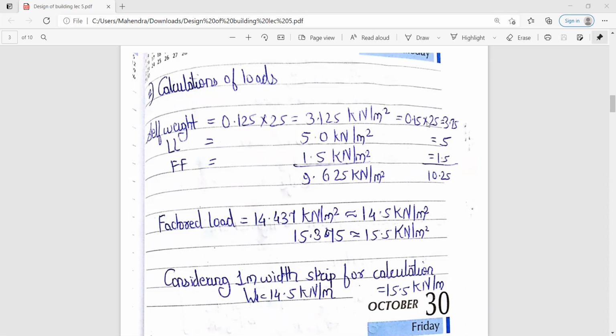This is for the west slab. That is for the depth, the additional depth we are going to provide over here. That is for the slab S1. Wait a minute.